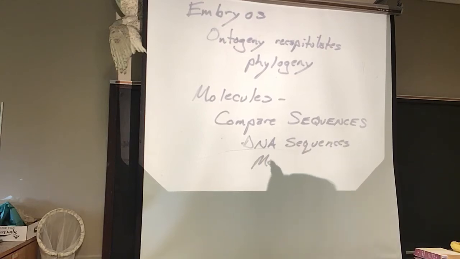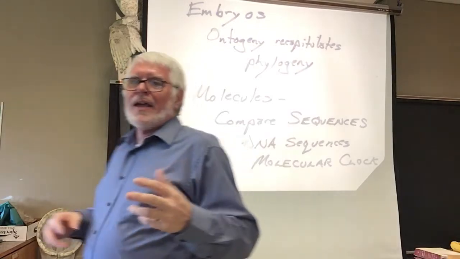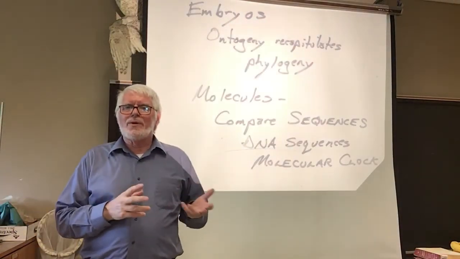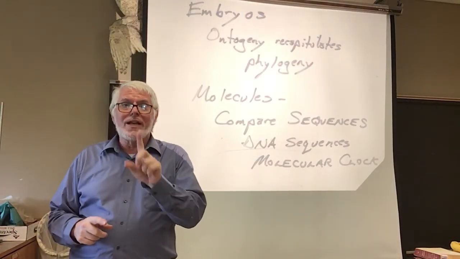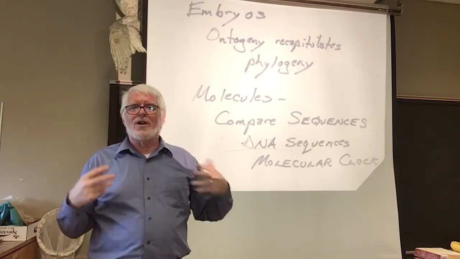In fact, they use something called a molecular clock. Your most common DNA mutation is a change in one little bit on the long sequence. They call them point mutations.